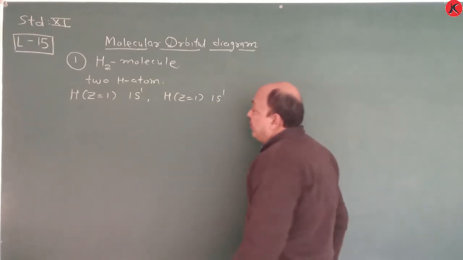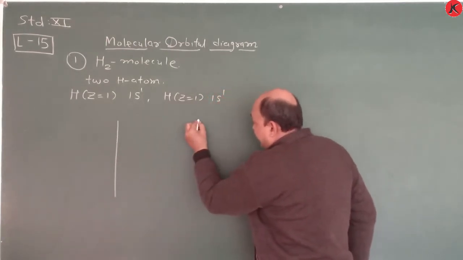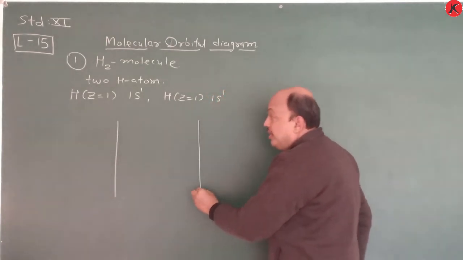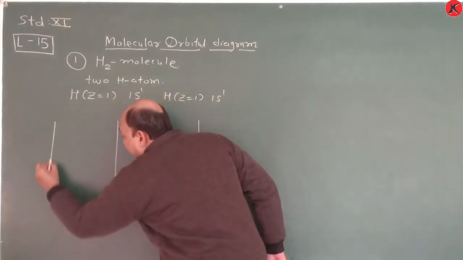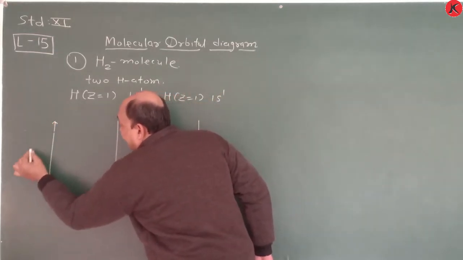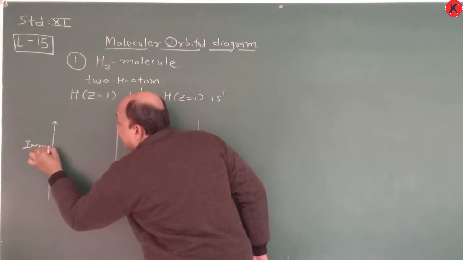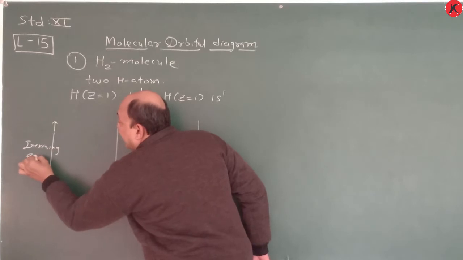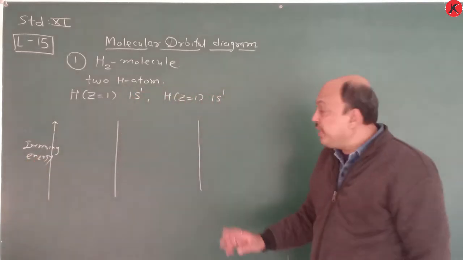Now, according to your energy level diagram, which you already know, first of all you have to draw these two lines. Here write energy, increasing energy. Now, which atoms take part?